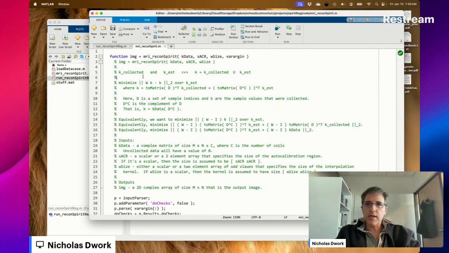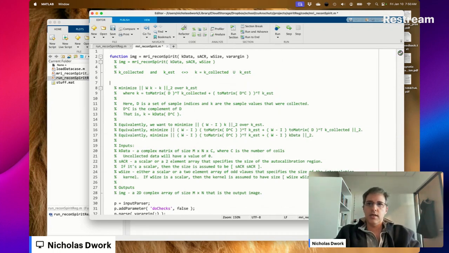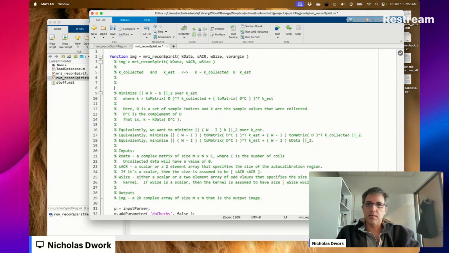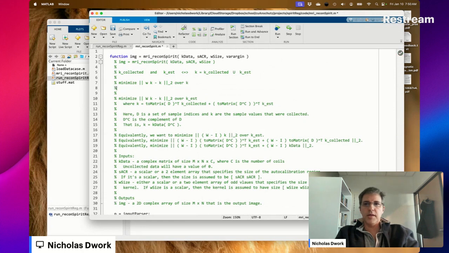And I think what we're going to do is alter the optimization problem. That's right. We're going to minimize over k now.